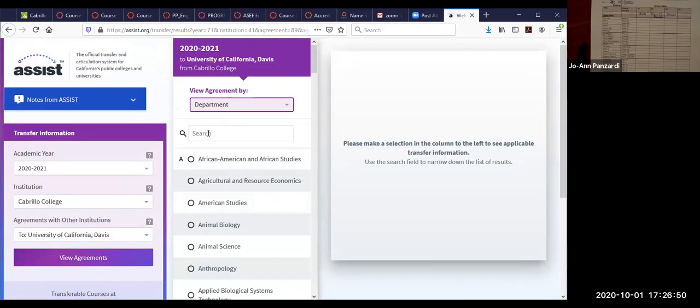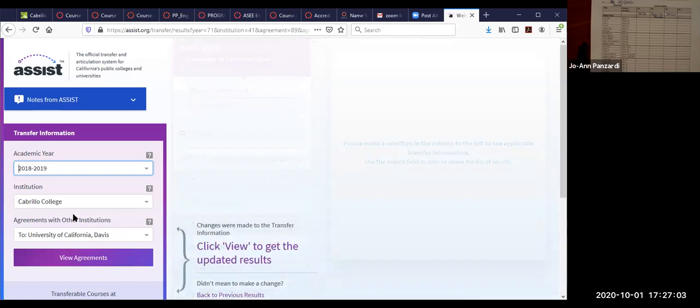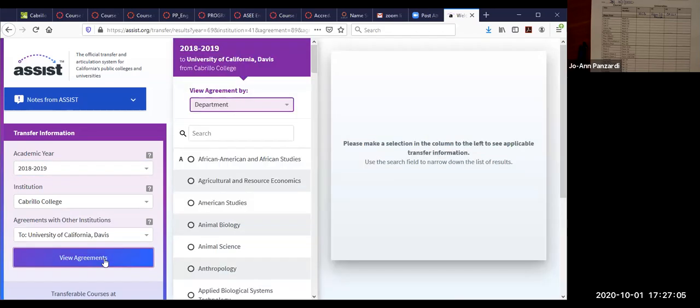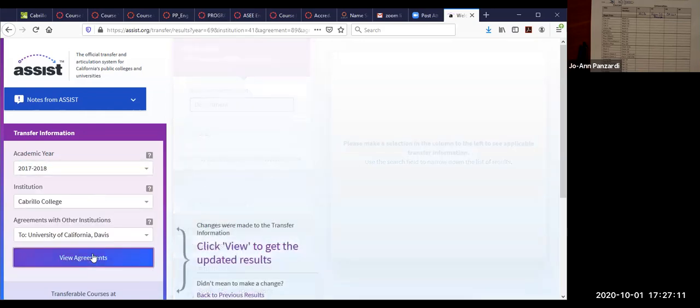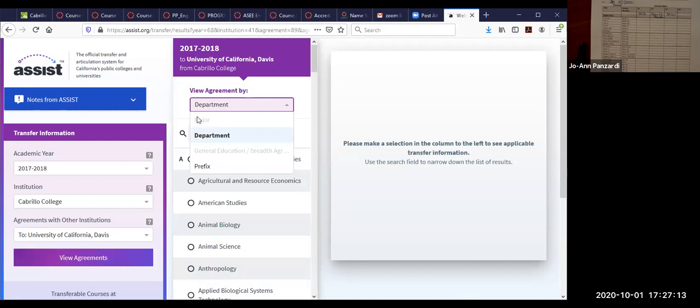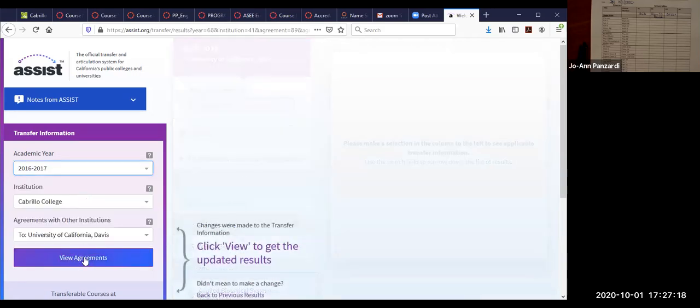And now it's not going to ask me for the major. They're lagging a little, so I'm going to go back in time a little. Let's hope 18 is here, because I want to show you how to do this. Darn it. Okay, so Davis is behind in updating this.